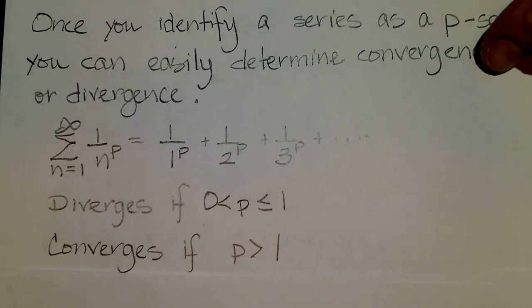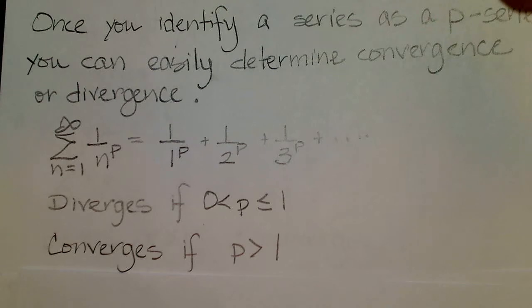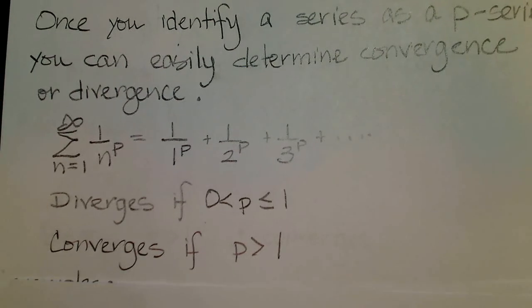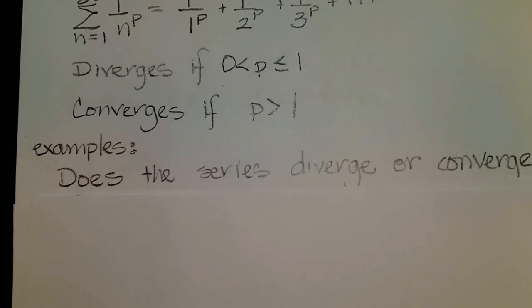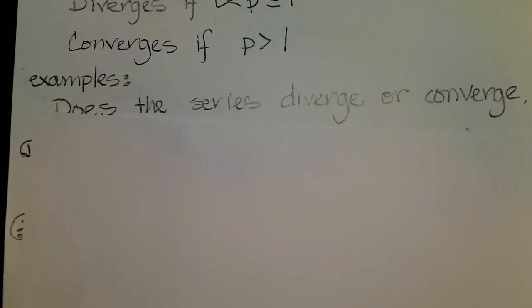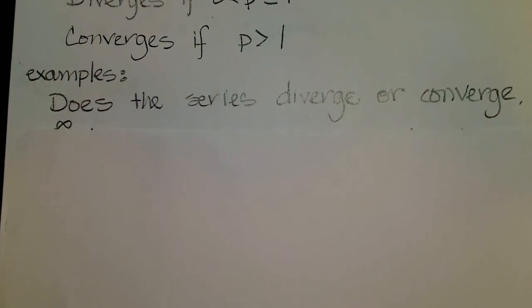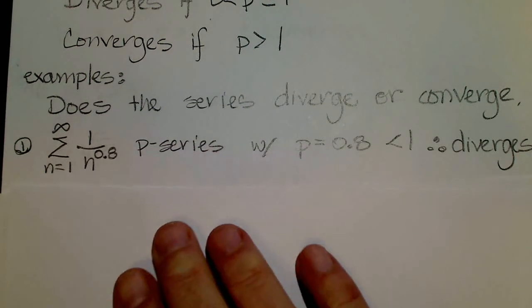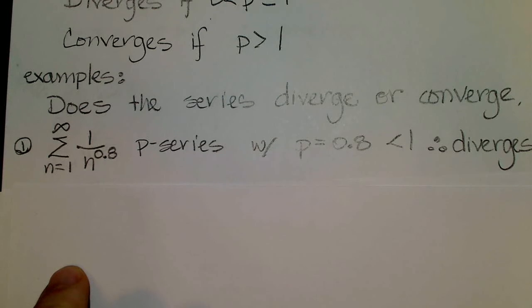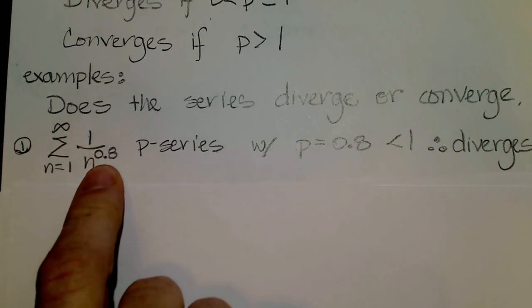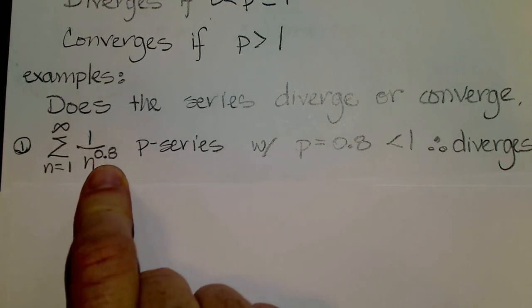Okay, so let's take a look at some examples and go into more detail as to why the p-series works that way. Okay, so here's the examples. We want to ask, does the series converge or diverge? Here we have the sum n equals 1 to infinity of 1 over n to the 0.8, or 8/10.